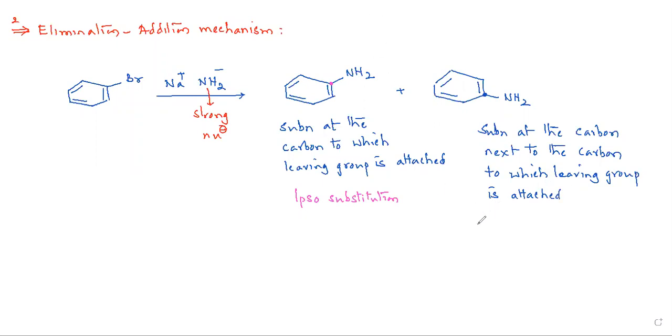Now, this is called cine substitution product. Okay. Ipso, of course, is common, but cine is interesting. To know what has happened, let us see the mechanism.